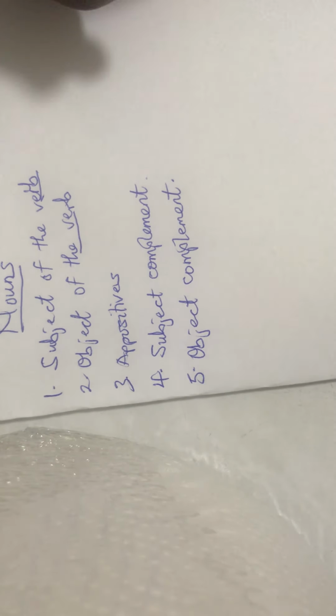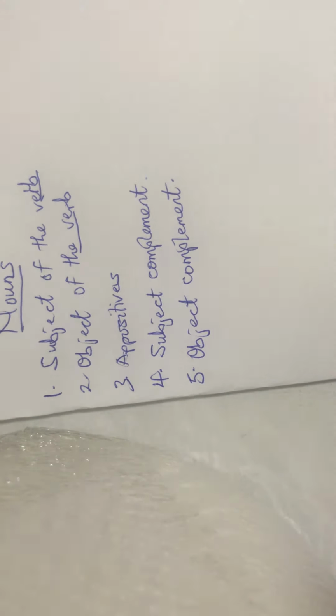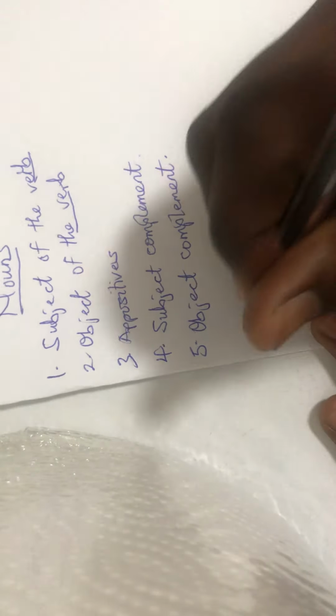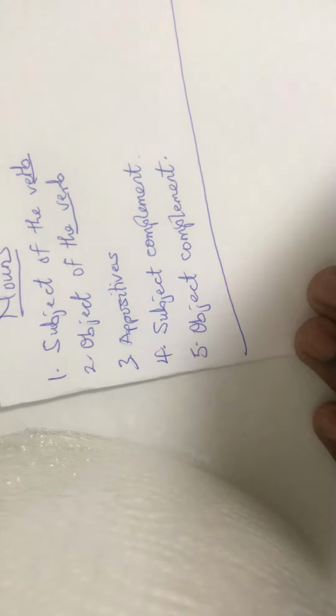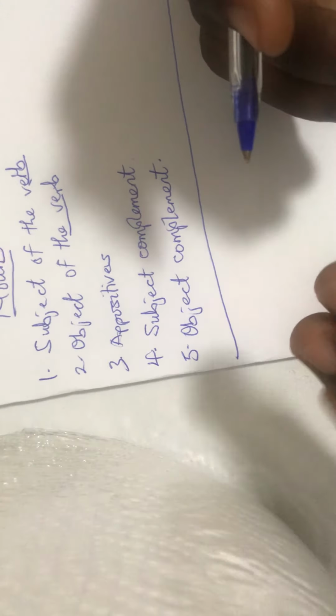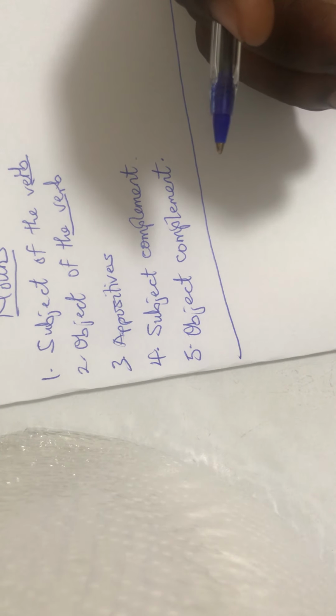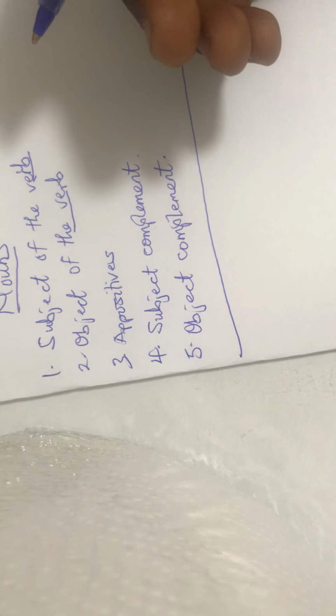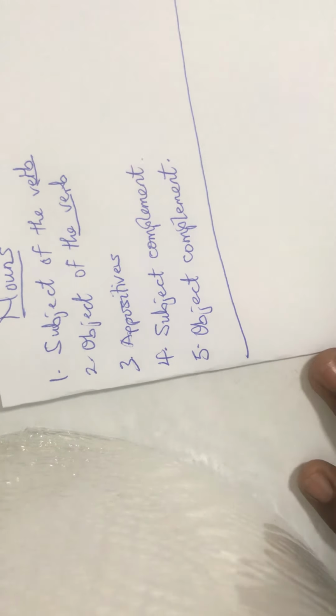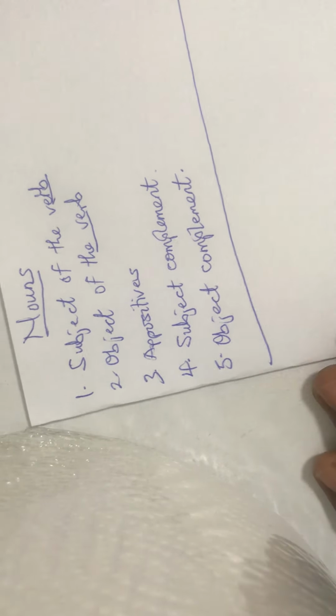So let's just go through nouns. That's not noun phrases, but just nouns, the words, in this session. We take each of them. As a subject of the verb, we know that a subject is supposed to be the performer of the action, or the performer of the verb in the sentence.